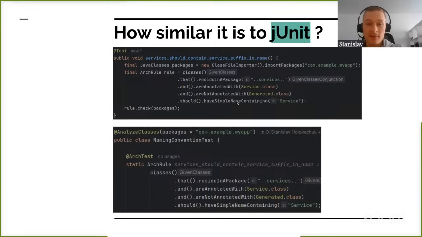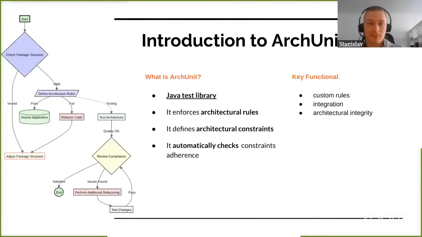The same can be implemented in a more ArchUnit way, where you specify the annotation, analyze classes, which points ArchUnit where it should scan the classes to get the metadata of your classes, methods, variables, everything. And then you have the archtest annotation, which annotates a constant that defines basically the same rule, saying that services should contain the word service in their name. Now that you have some first impression, we can proceed.